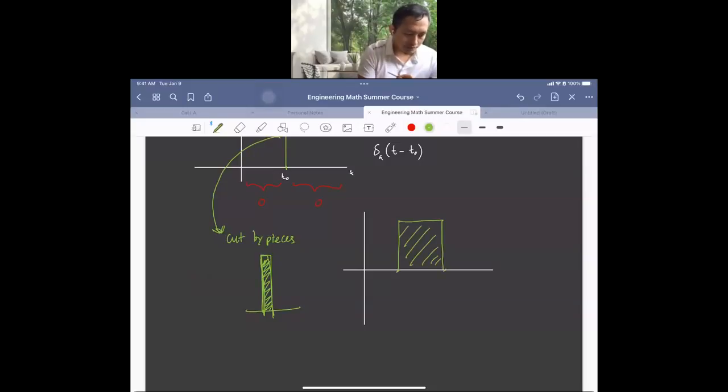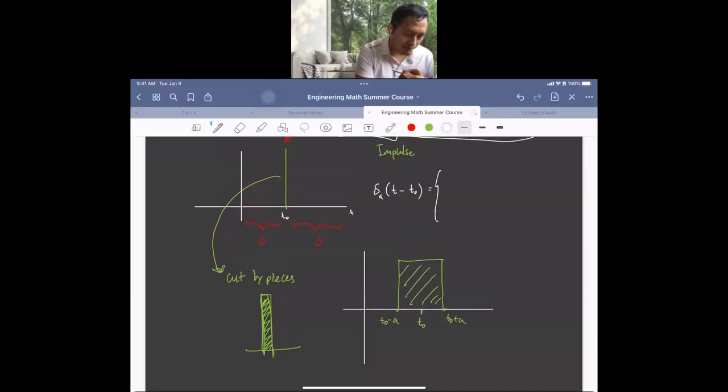If this is t0, this is a, this is minus a, which means this is t0 plus a and t0 minus a. Now let's say that this height is equal to 1 over 2a.